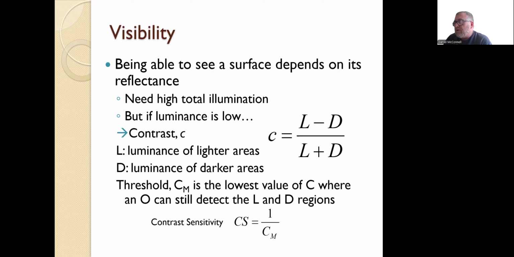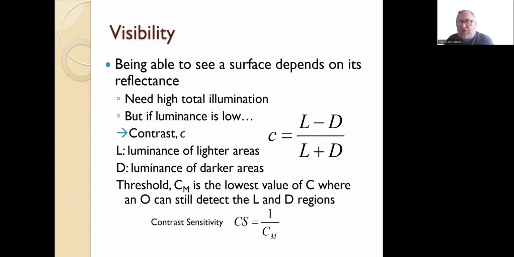So what we determine as our threshold, again, is that weakest L minus D ratio that we can detect. The inverse of threshold is called sensitivity, and that makes a little bit of sense if you think about it too, because if a threshold is very, very low, that means the stimulus that you can detect is very, very small. Think of it for hearing as well. If you ever had a hearing test, they ask what's the weakest sound that you can detect.